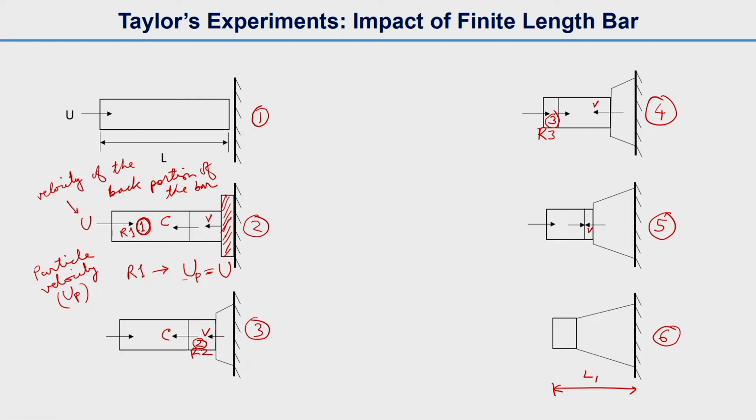For region 2, R2, the region is behind the elastic wave front, and this is the plastic wave front, so it is in between the elastic and the plastic wave front.